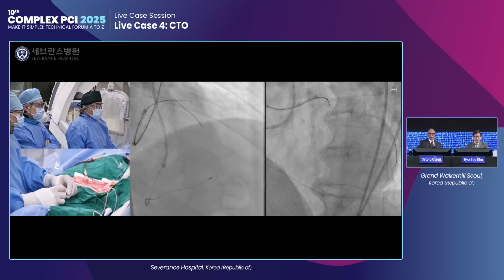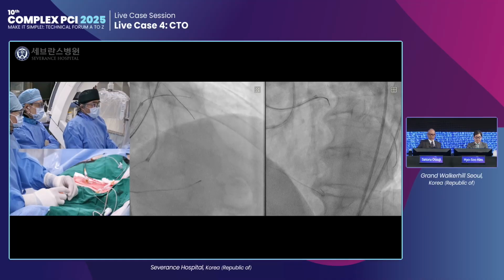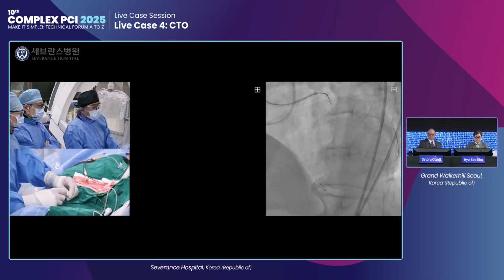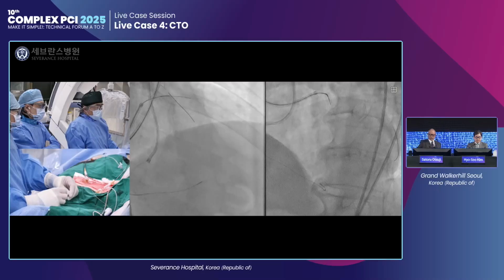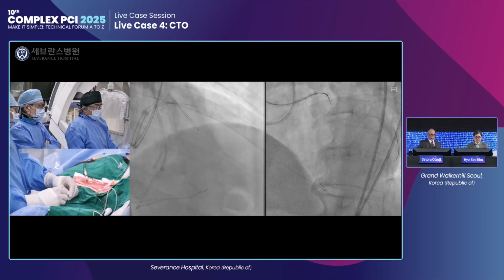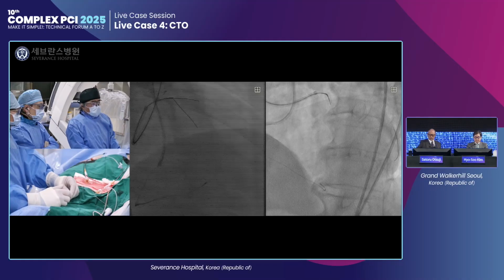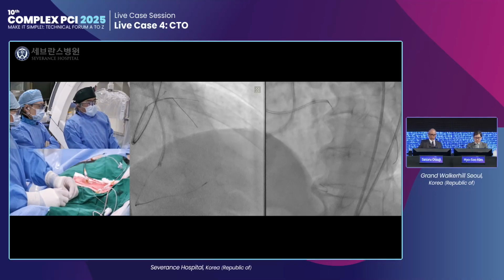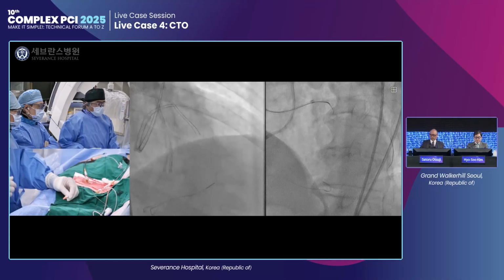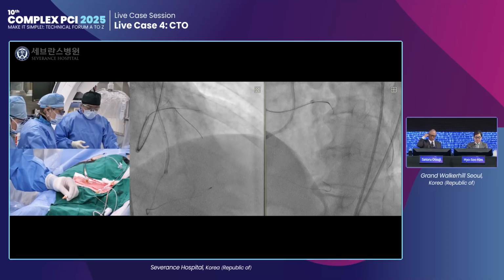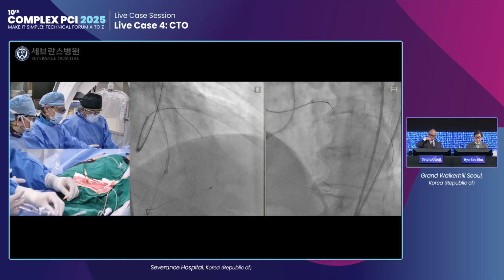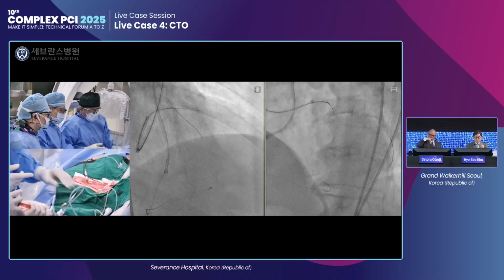I want the wire direction to go to the calcification portion, but it's not easy. Is it Gaia first? Yep. Next one. I will take the... Okay, NGO.